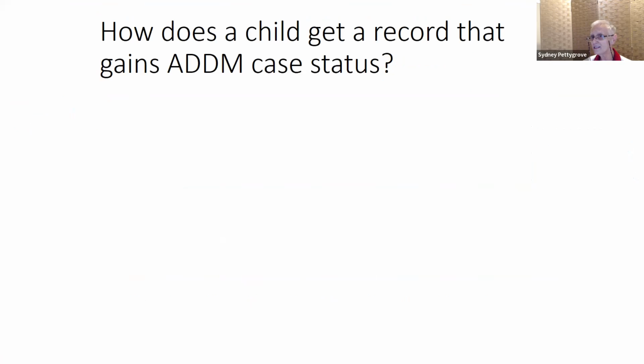So this is going to be a slide where I'm going to walk you through our original protocol, the classic ADAM. I call it ADAM Classic and then New ADAM. So in the ADAM Classic protocol, a child would have a record that gains them case status, as a case for this monitoring network.